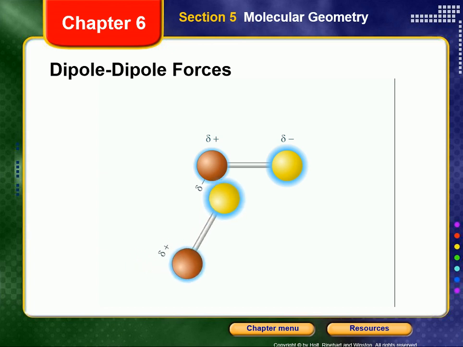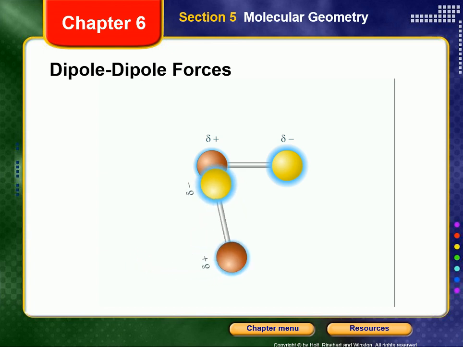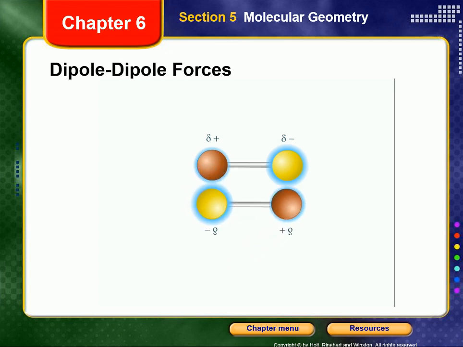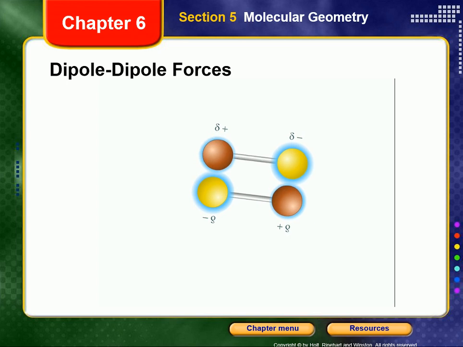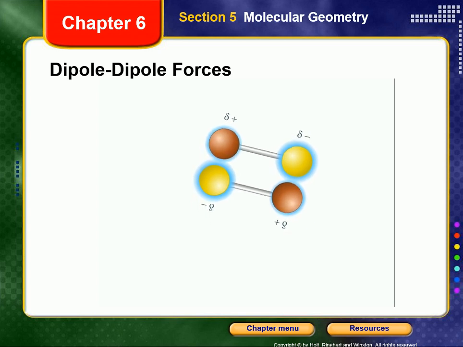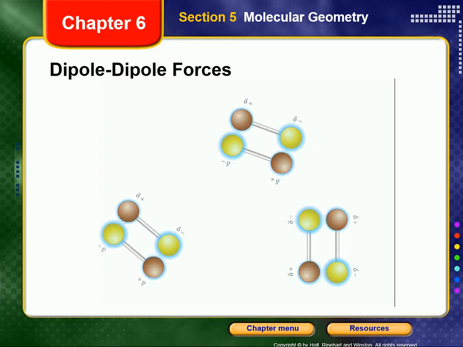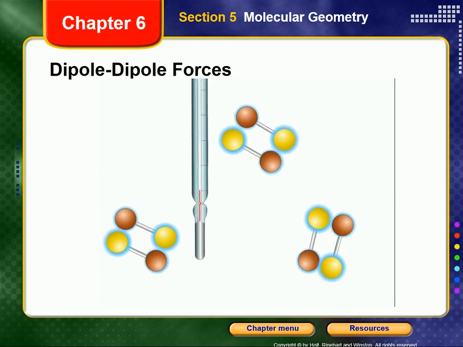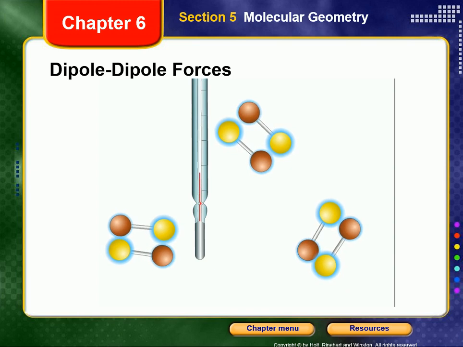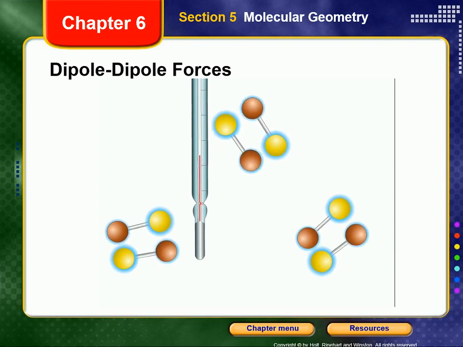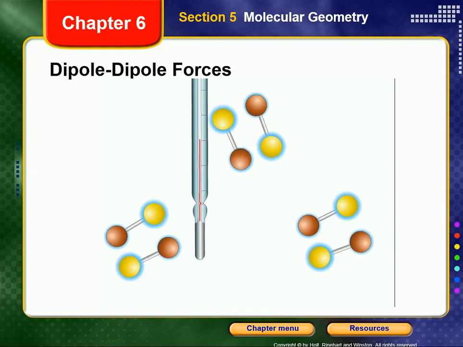The slightly charged ends of the bromine fluoride molecule attract the oppositely charged ends of other polar molecules. Because liquid bromine fluoride has these dipole-dipole interactions locking the molecules together, it has a relatively high boiling point. As the liquid heats up, the molecular vibrations become stronger and the dipole-dipole interactions become harder to maintain.